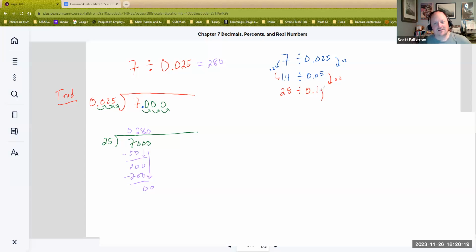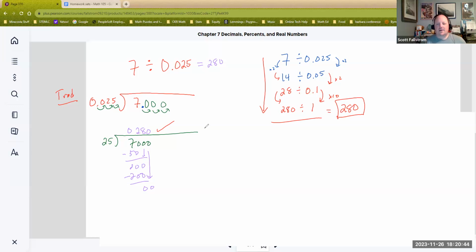Or I could say it's easier to divide by 1, and I multiply by 10. And if you multiply by 10, what I've done is I've turned this problem into one where I didn't need decimals at all. My final answer is 280, which is exactly the same as we got over here. This is known as equal quotients.